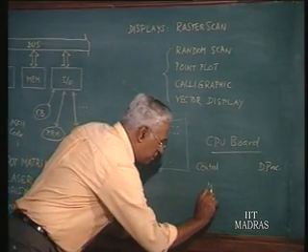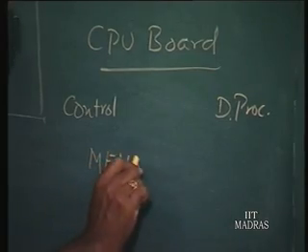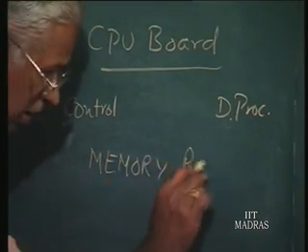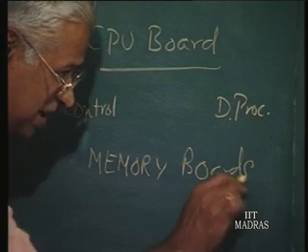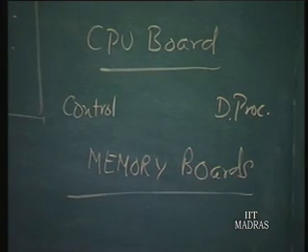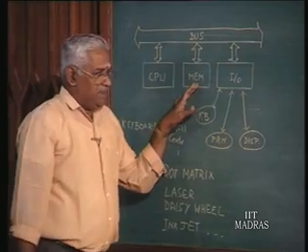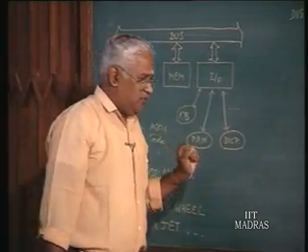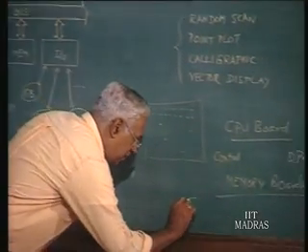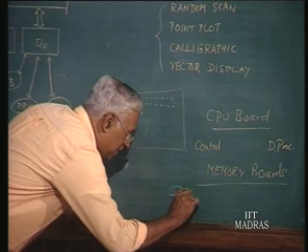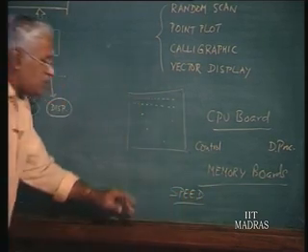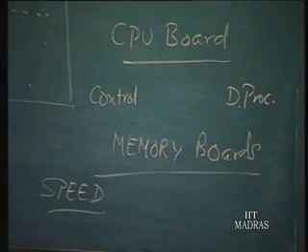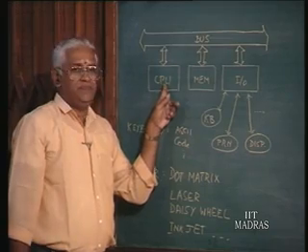Now, if you take memory, for instance, memory boards, again there will be different types of memory boards. Why? The main thing is the speed with which a particular memory responds to a request from the CPU.